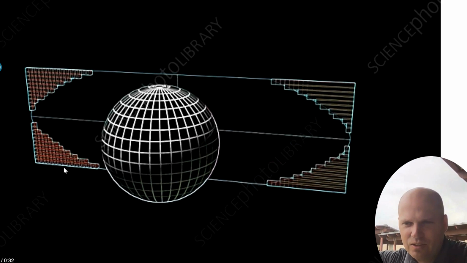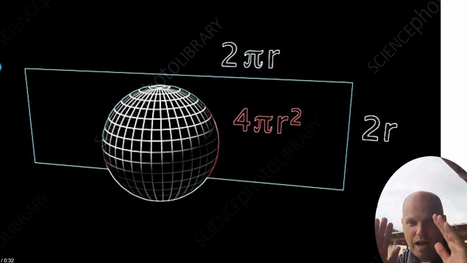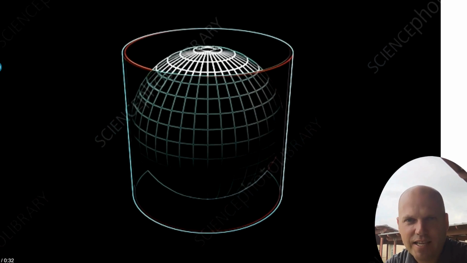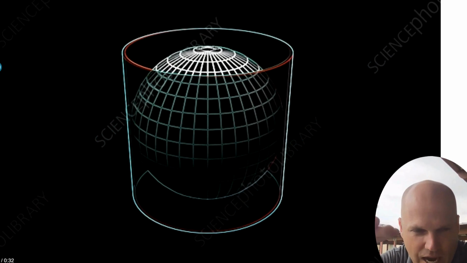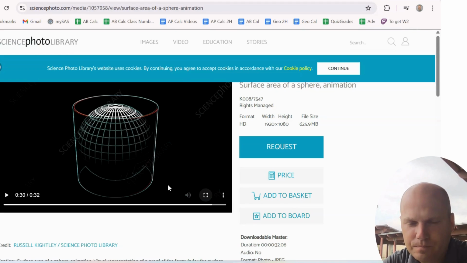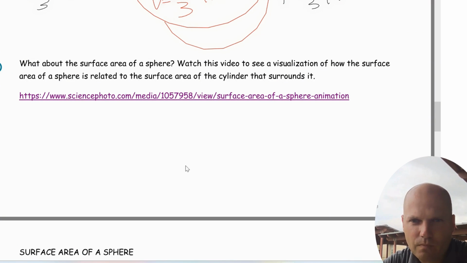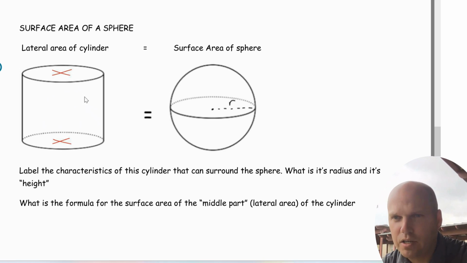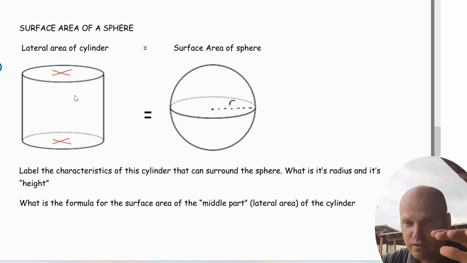And that rectangle, when wrapped around the sphere, the rectangle actually creates this middle part of the cylinder that we were talking about, the cylinder that the sphere perfectly fits inside. So we don't have the top, we don't have the bottom, we just have the middle. So the surface area of a sphere here is equal to just the middle part of the cylinder's area.